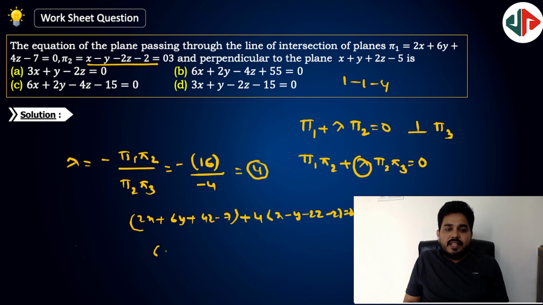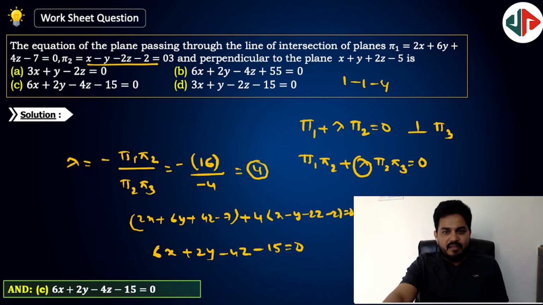So this is 6x, 2y, minus 4z minus 15 is equal to 0. Is there any such answer? Yes, we have that answer.